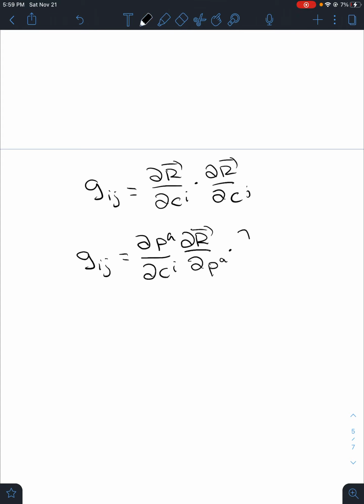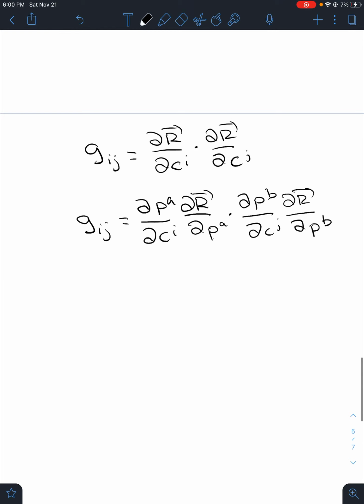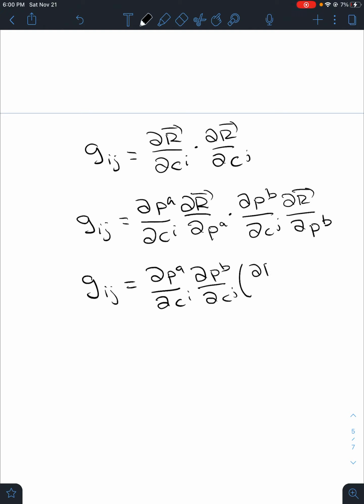We do the same thing here, partial c^j over partial p^b times partial r over partial p^b. Okay. And then what we do is we rearrange some of the terms to get the components on one side, times partial r over partial p^a dot partial r over partial p^b.